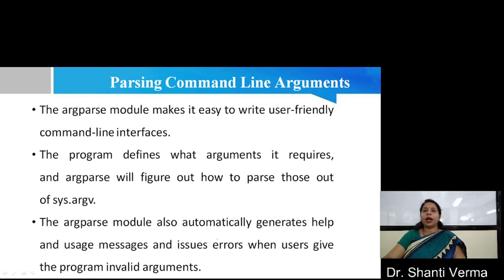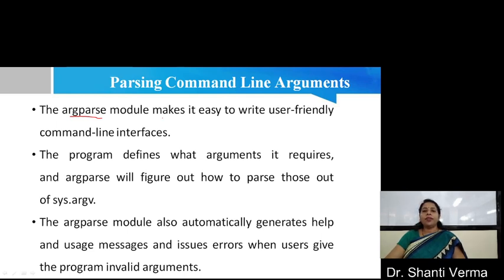Now, how to parse command line arguments? Basically, there is a module called argparse. The argparse module is used for parsing the command line arguments, and this module makes it very easy to write user-friendly command line interfaces.